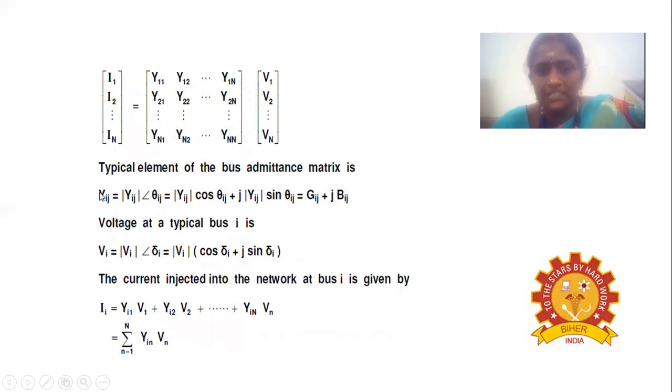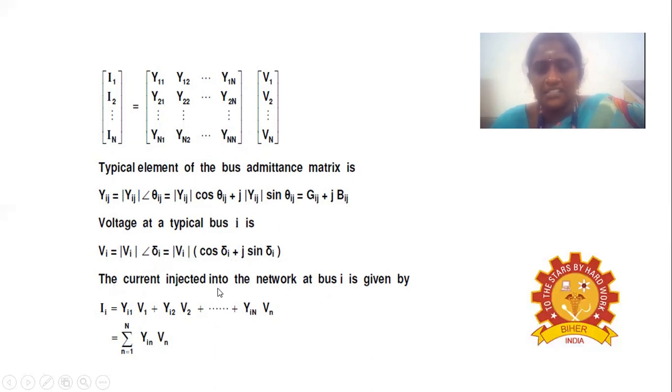That is the admittance between the ith bus and jth bus. Voltage at a typical bus i is given as magnitude of voltage Vi with phase angle delta i. This we can write in rectangular form, magnitude of voltage times cos delta i plus j sin delta i.